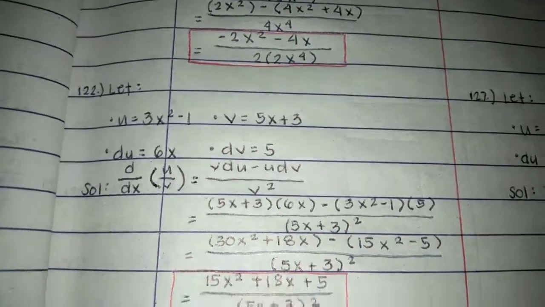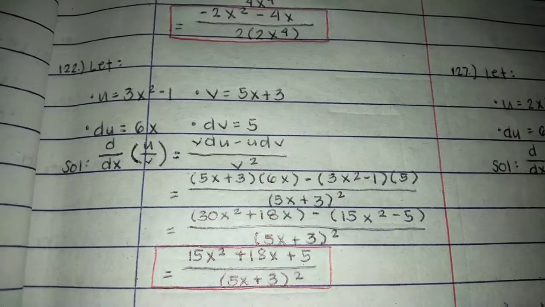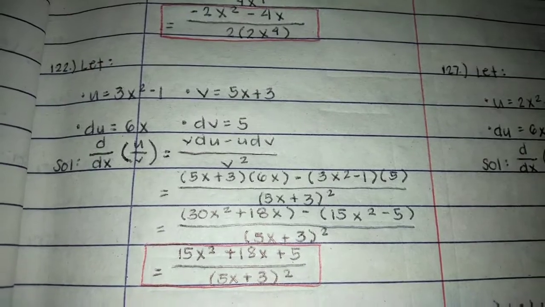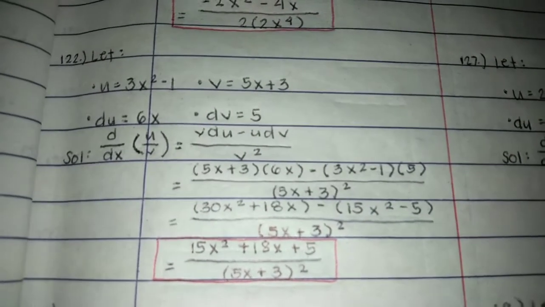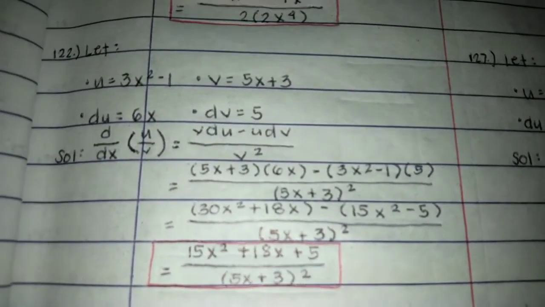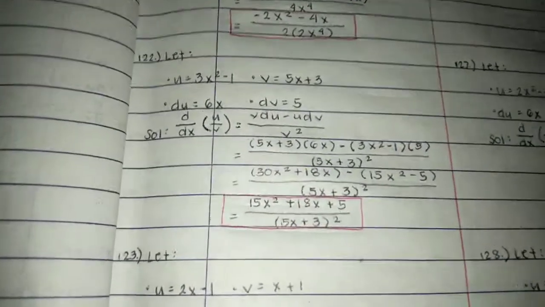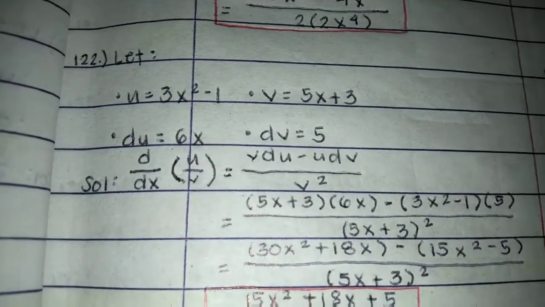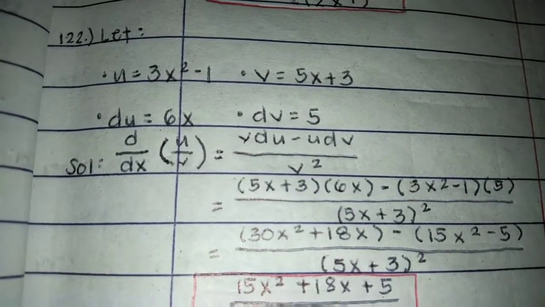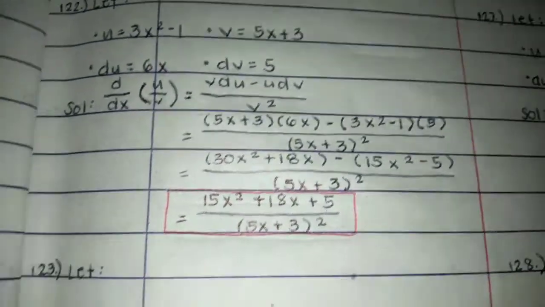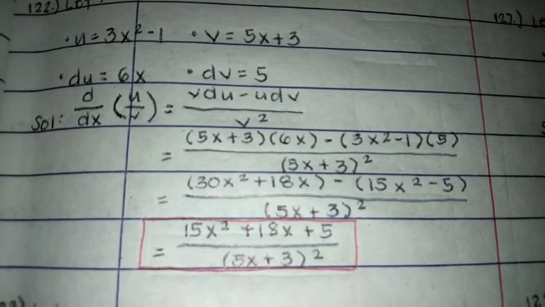Next is this example. The second example for the quotient rule is the derivative of 3x squared minus 1 over 5x plus 3. So u is equal to 3x squared minus 1, and its derivative is 6x. Now v is equal to 5x plus 3, and its derivative is 5. We're going to go to the formula, which is v du minus u dv over v squared.